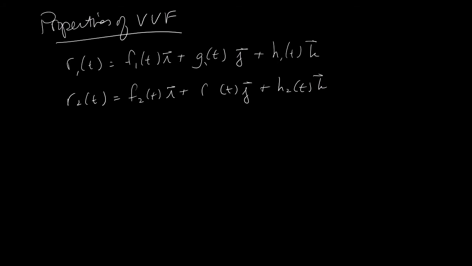I know it doesn't look anything like it. Wait a minute, that's supposed to be a g. Let's fix that, shall we? There we go, that's better. Okay, so here are our functions. We have our x components, y components, and z components.